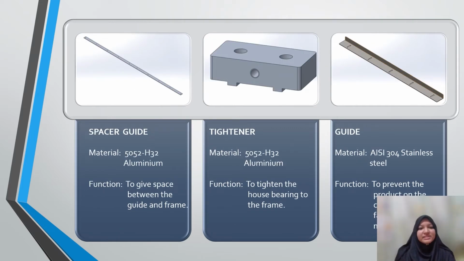Okay, the next one is the spacer guide, made of 5052H32 aluminium, to give space between the guide and the frame. Then the tightener, with the same material, is to tighten the house bearing and the frame. The guide, made of AISI 304 stainless steel, is to guide the belt.